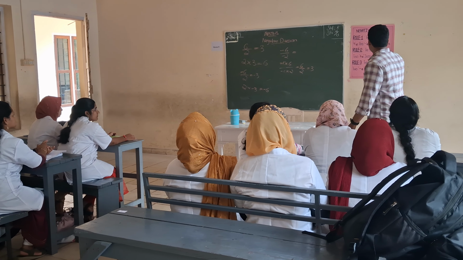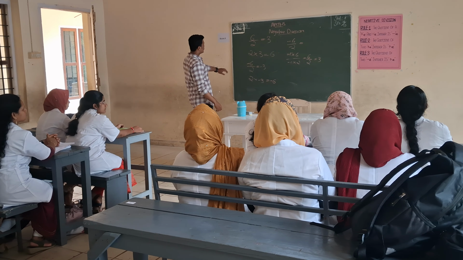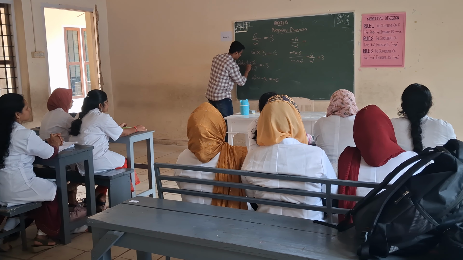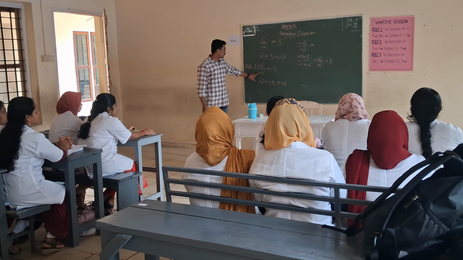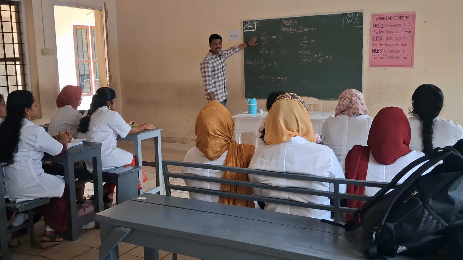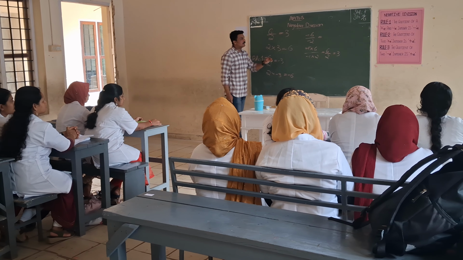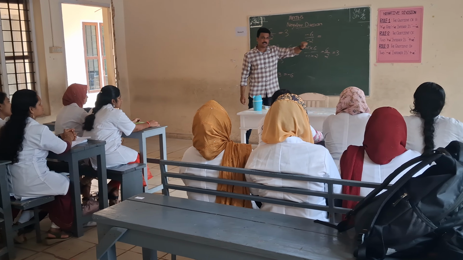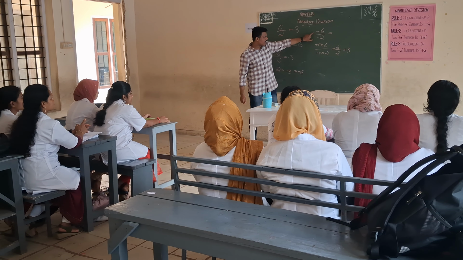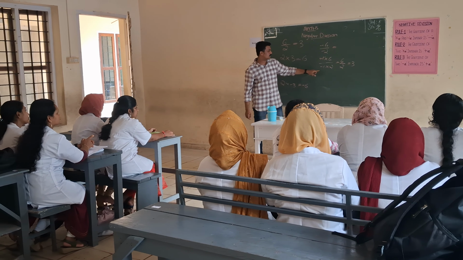So rule number 1: the quotient of a positive and a negative integer is always negative. Here, the quotient of minus 6 by minus 2 is always 3, because we took out the common factor minus 1 and did the regular division.